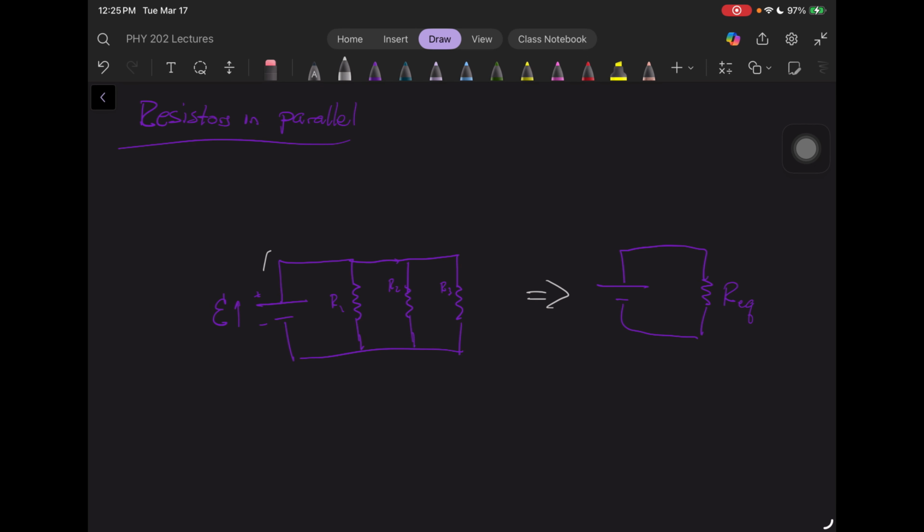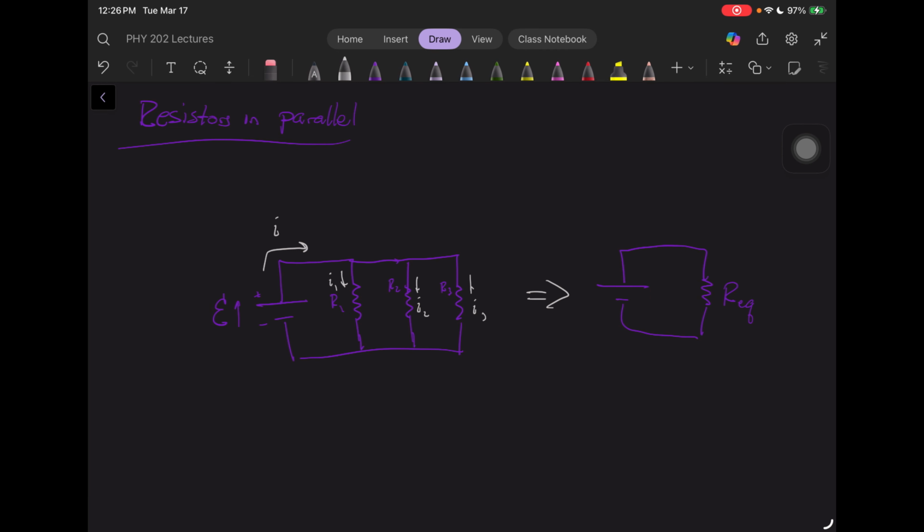All right, and so let's see. We're going to have current going through here. We can call this I. We can call this I1. We'll call this I2. And we'll call this I3.